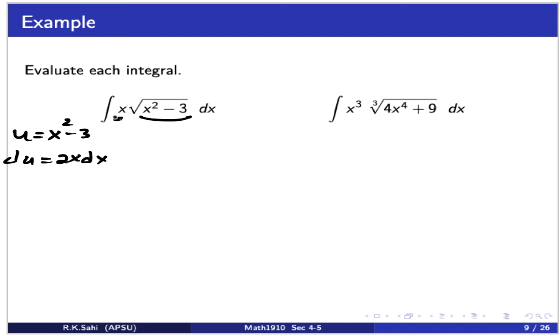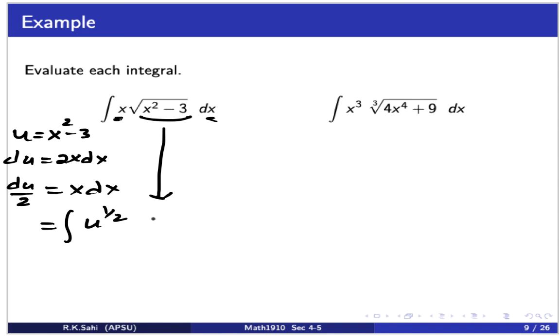Now remember, we have an x and a dx, but we need a 2. So that means we can simply write du over 2 equals x dx. So this problem is going to be written as u to the power half du over 2.